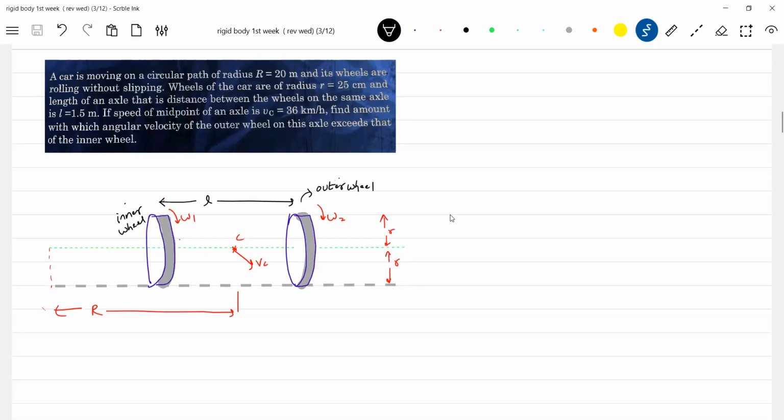Okay, let's do one thing. What is V1? We'll write it. Velocity of the center of the inner wheel, tangential, V1, and this is V2. We can write V1 is equal to (R minus L by 2) omega.